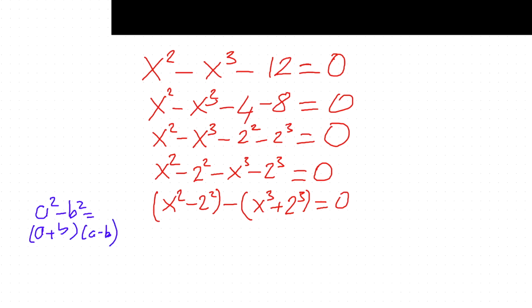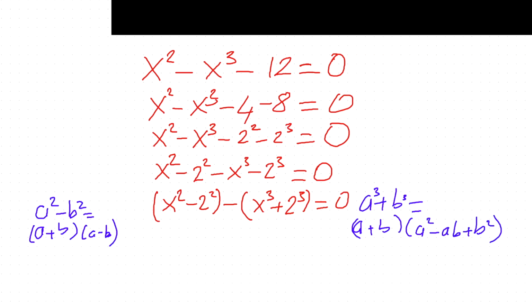For a cube plus b cube, what is the formula? a cubed plus b cubed is a plus b times a squared minus ab plus b squared.